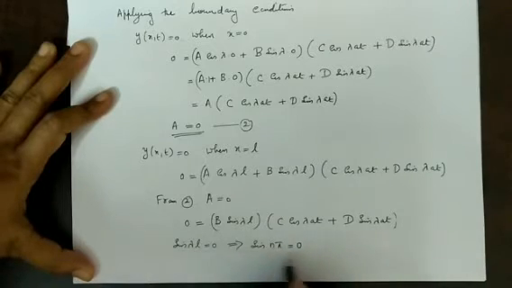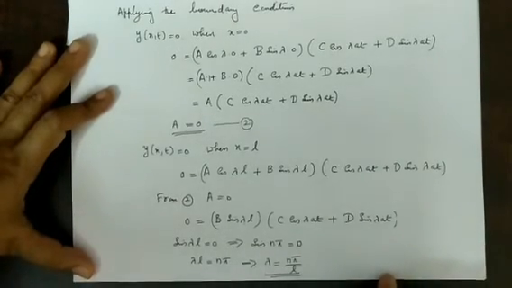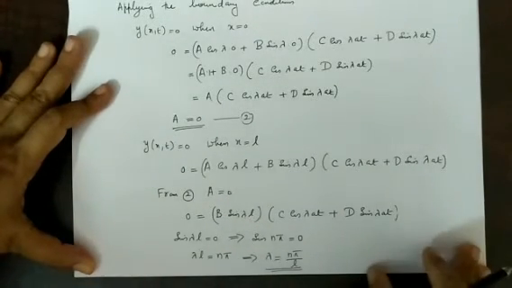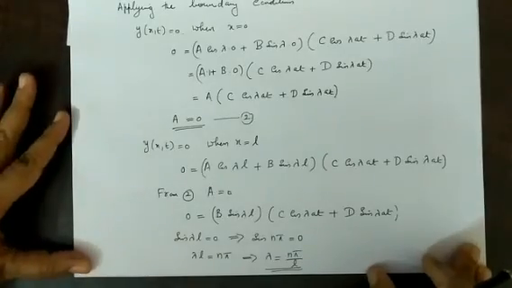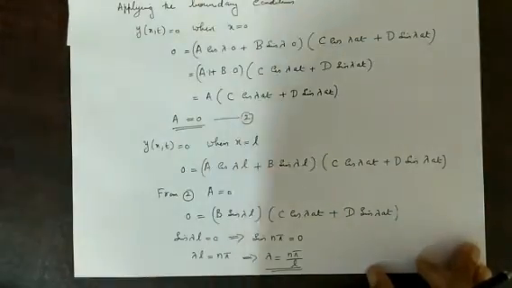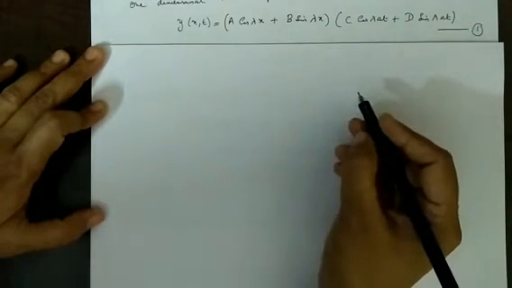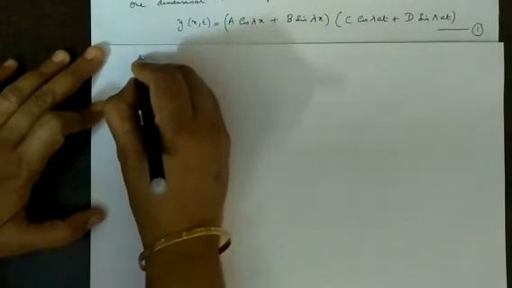Therefore, equating these two, lambda L is equal to n pi, or lambda is equal to n pi by L. So from the second boundary condition we have lambda equal to n pi by L. Now applying these two conditions in the solution, in equation number 1.